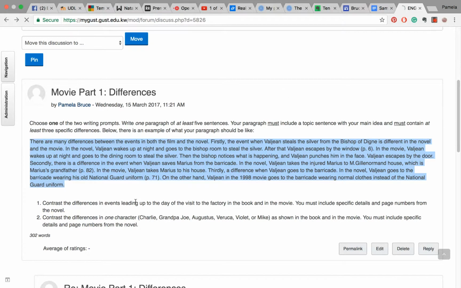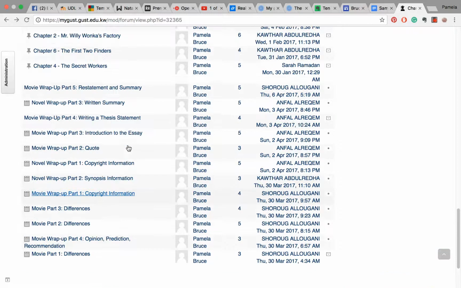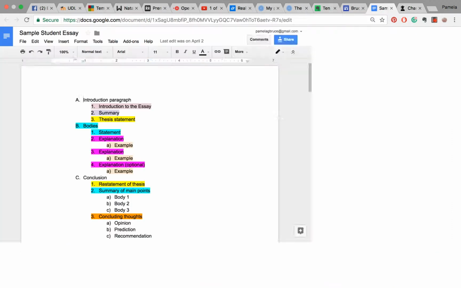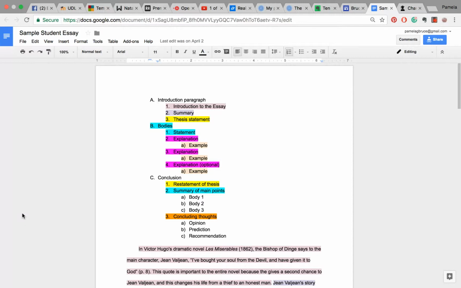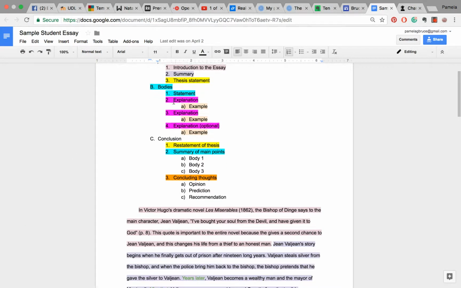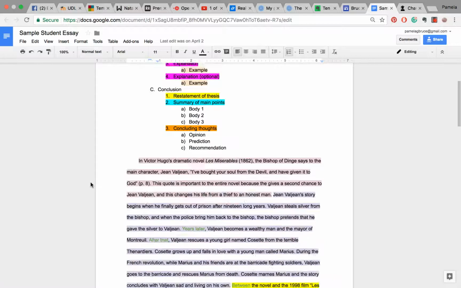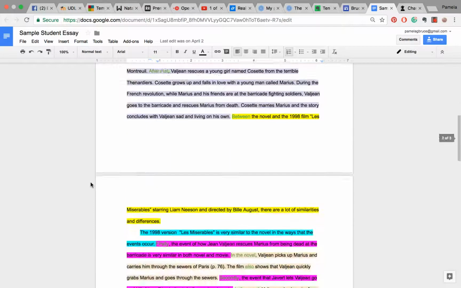Now, ultimately, if they followed all of these steps, they should get to a point of being able to take all of these little bits and pieces and turn it into a longer 5-paragraph essay. And so, as you saw earlier in the Prezi, there's the color coding to help them understand which parts are happening.